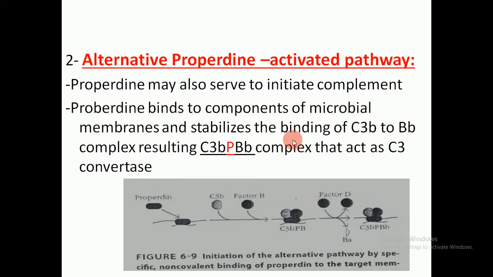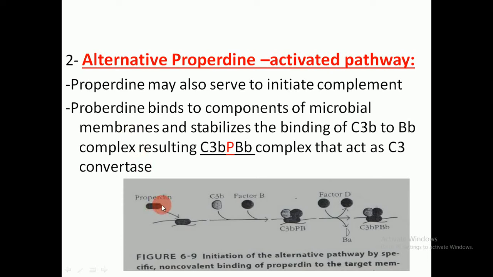The second pathway of the alternative pathway is the properdin activated pathway. Properdin may also serve to initiate the complement by binding to components of microbial membranes.